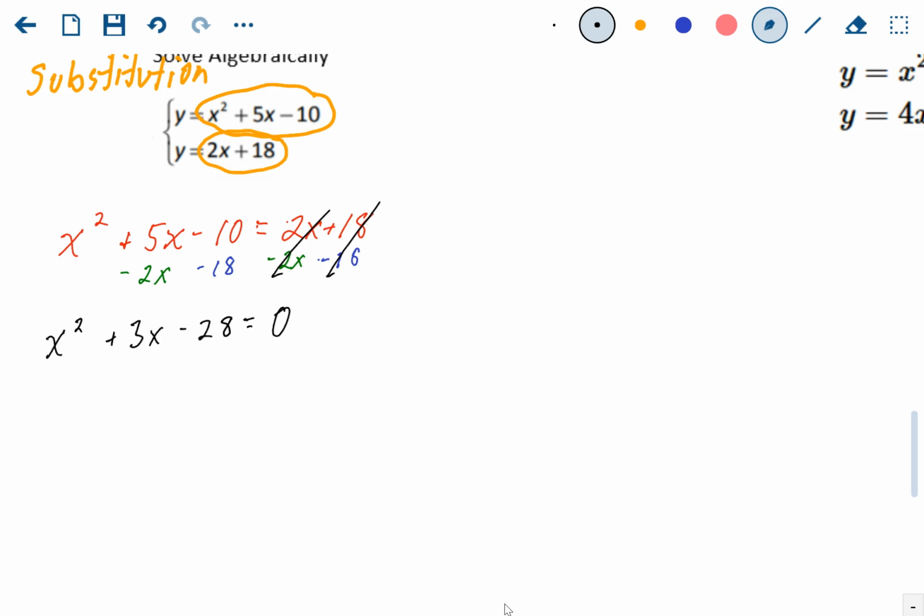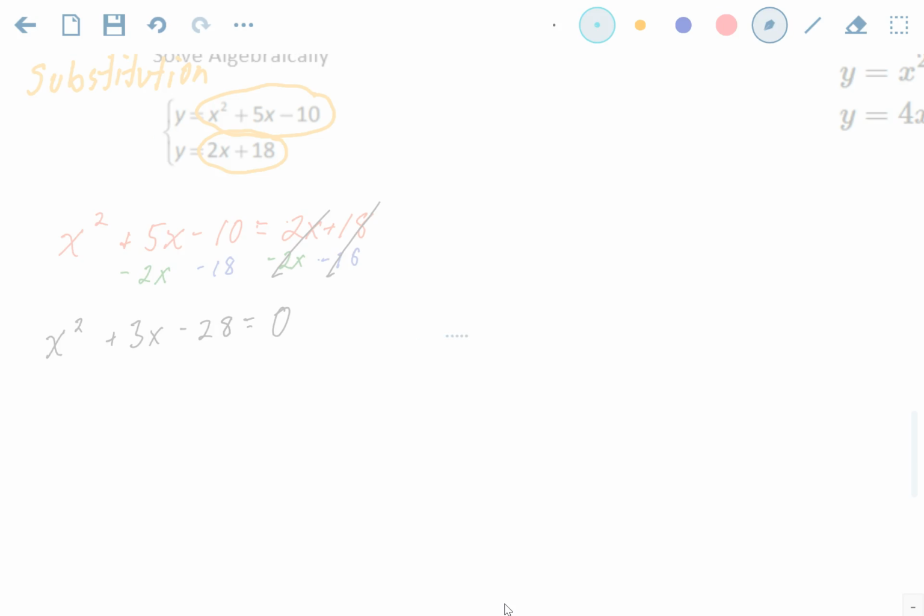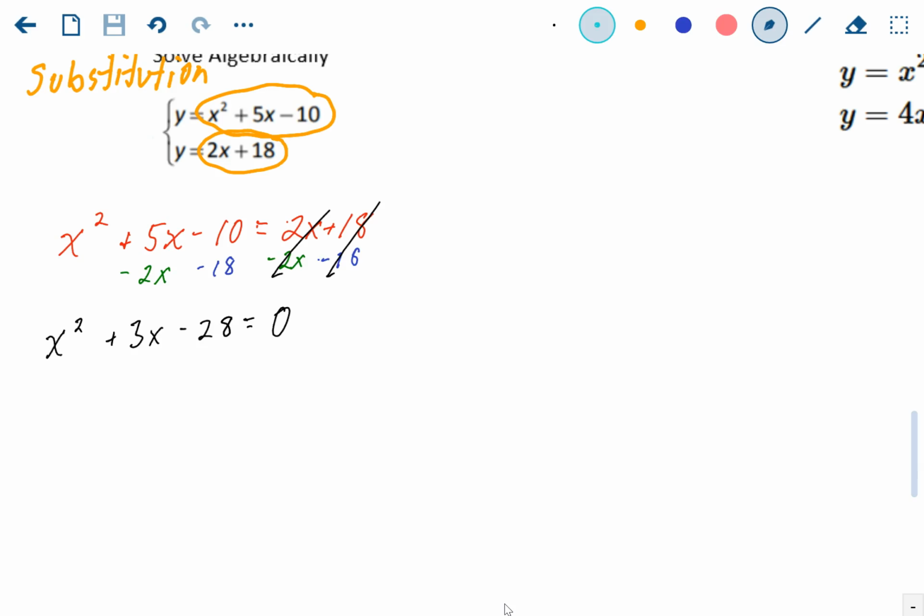Okay. So now we have a quadratic that equals 0. Now to use the zero product property, it has to be factored. So we're going to have to factor this. Okay, it's 1x squared, so you can just do product sum. What multiplies to negative 28 and adds to 3? Okay. Run through the factors of negative 28, and you'll find out that it's positive 7 and negative 4.